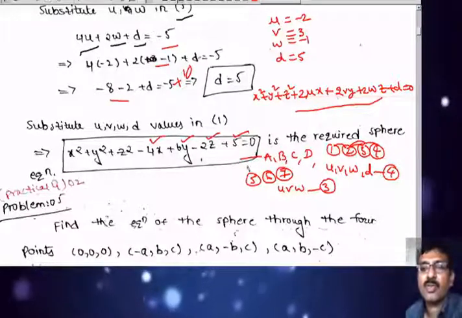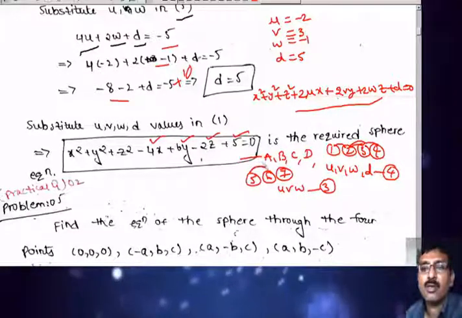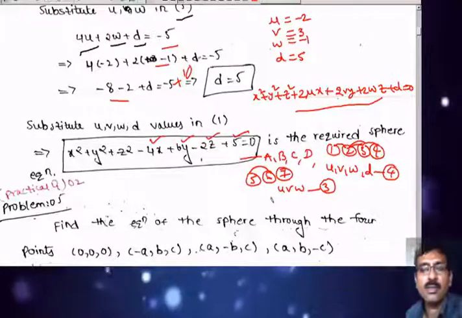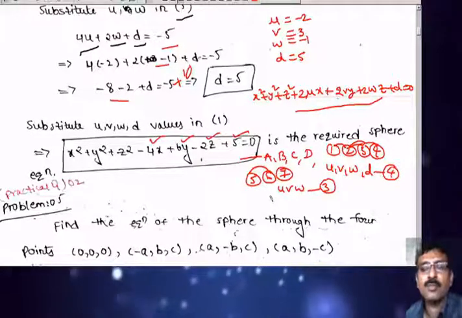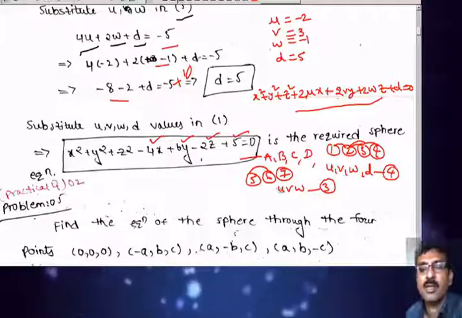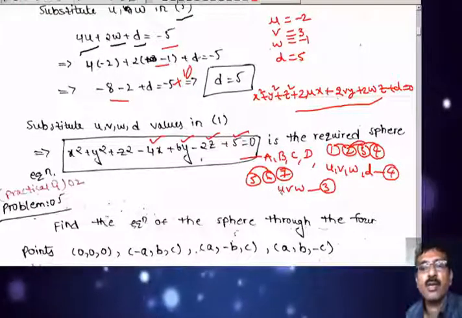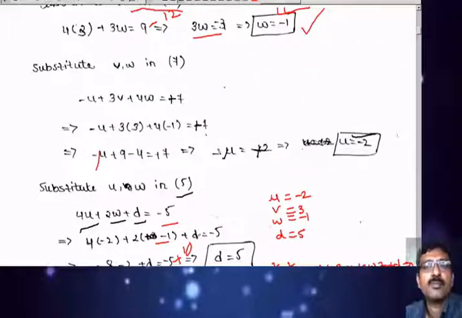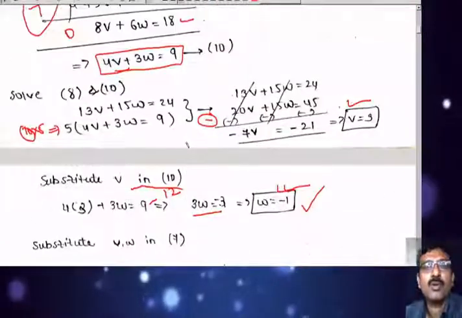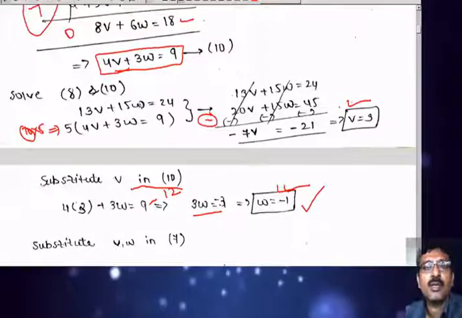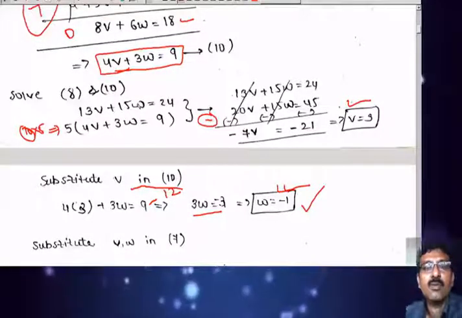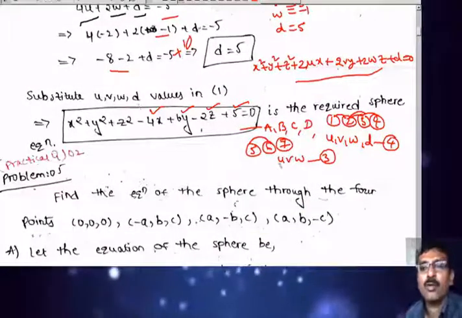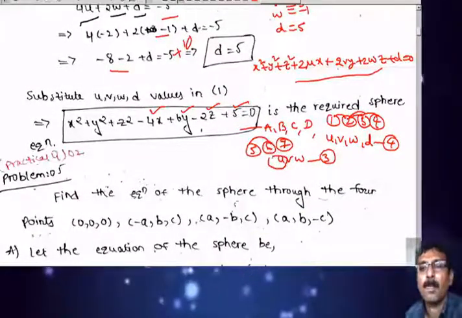In the next phase, we take two pairs. For example, taking 5, 6, eliminating any one variable. Here we have eliminated u.